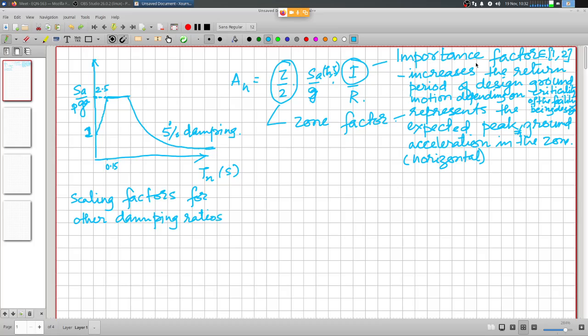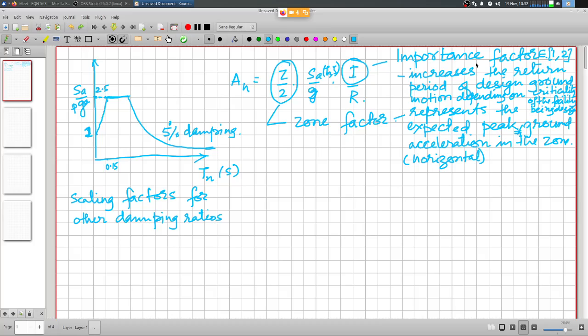You will find the typical examples of this gradation, what importance factor to be used for which kind of facility, in part 4 of 1893, that is with respect to the industrial structures. That particular code has a very wide range of importance factor to be used for design of various components, various facilities.